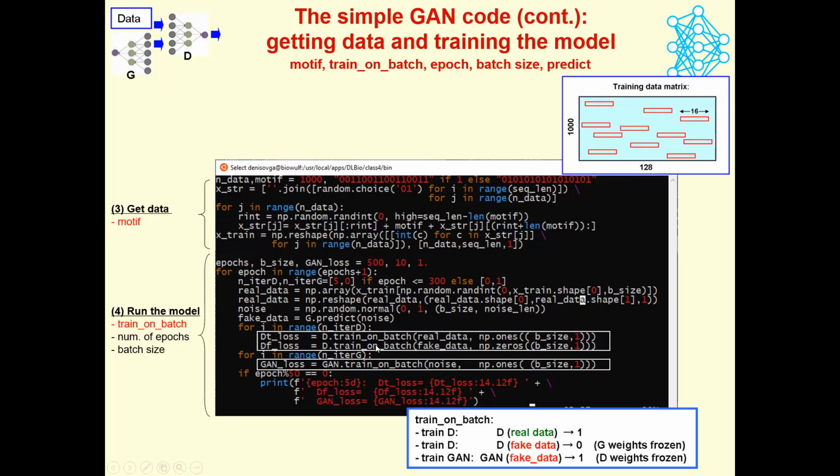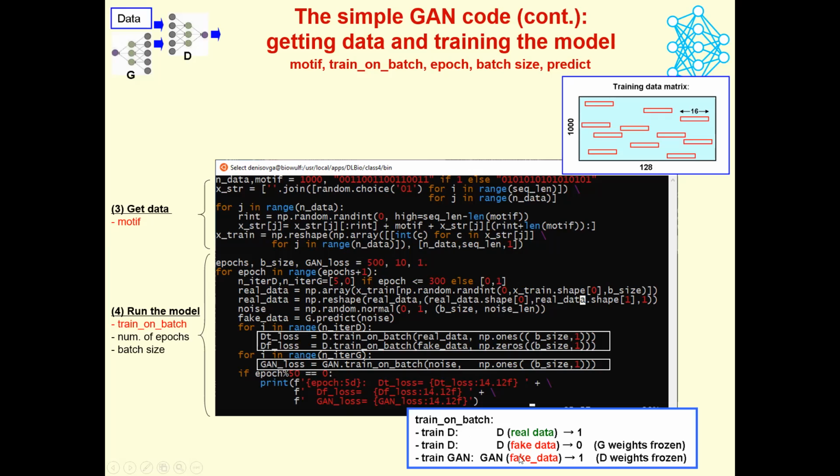So when we do training, the expressions in the boxes mean that we first train the discriminator. On real data, we require that the discriminator outputs one, because that is considered good data.